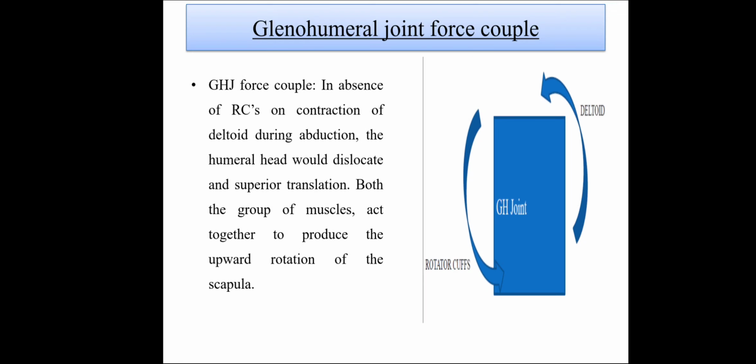The main action of your rotator cuff is dynamic stabilization of your humeral head, centralized within the glenoid fossa. Thus, the humeral head is maintained centralized within the glenoid fossa in the presence of rotator cuff against deltoid.